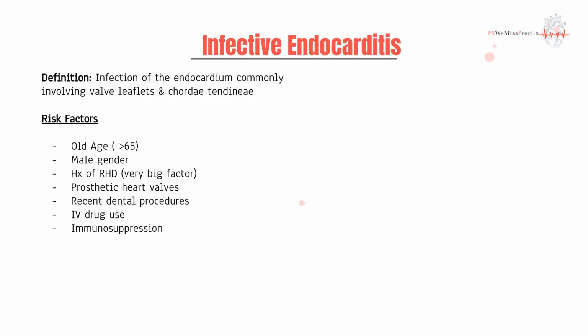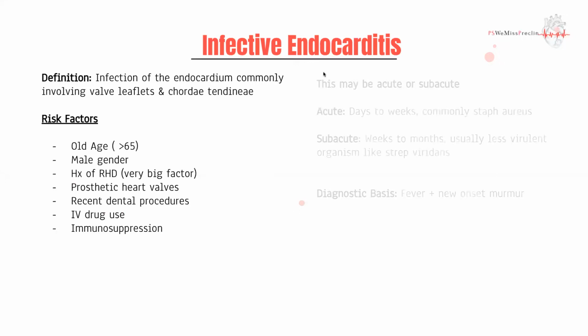The reason for that is that with rheumatic heart disease, you often have microvascular and sometimes microscopic and sometimes macroscopic damage to the endocardium, and that can often precipitate further vegetative growth. Recent dental procedures are a big one, and IV drug use, as you know, is one of the biggest risk factors for infective endocarditis. And that's with any infection: being immunocompromised is going to increase your baseline level of developing an infection.